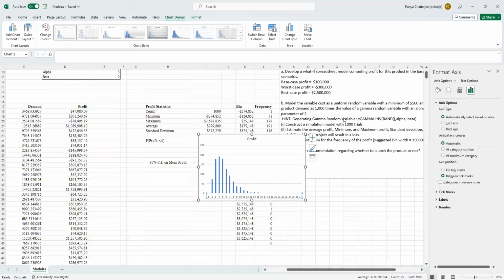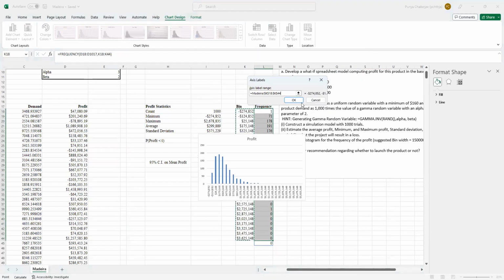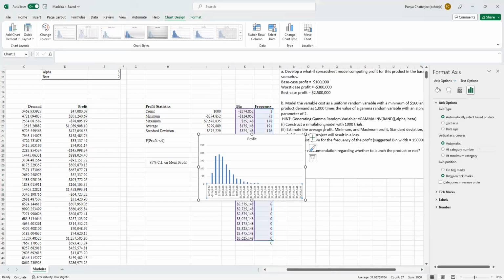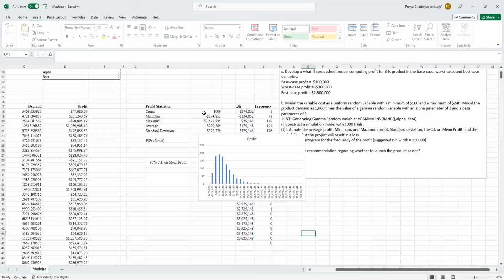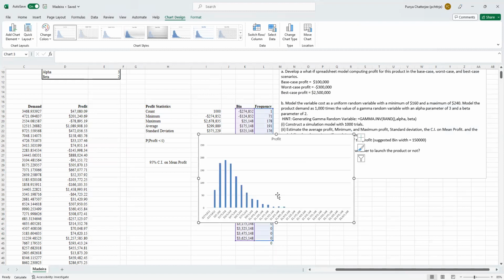So I'm going to do select data and then edit and select your bin and press OK. OK. And there you go. So now this is the histogram for the profit.